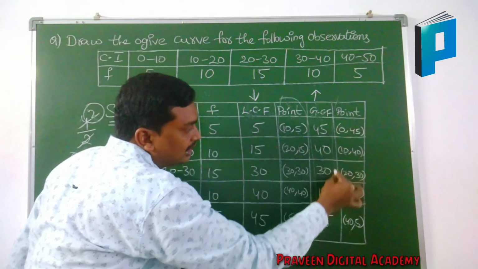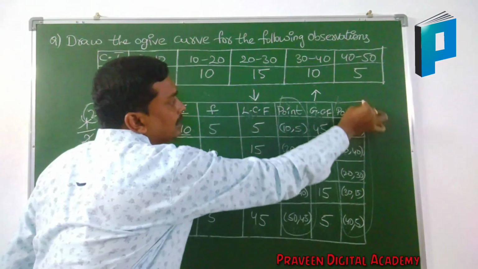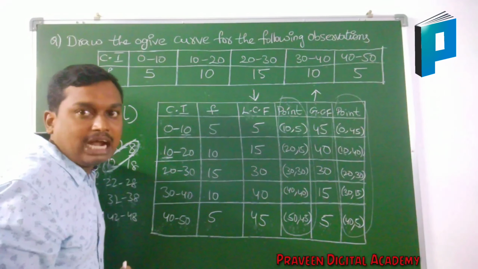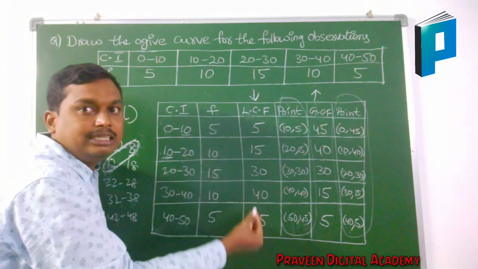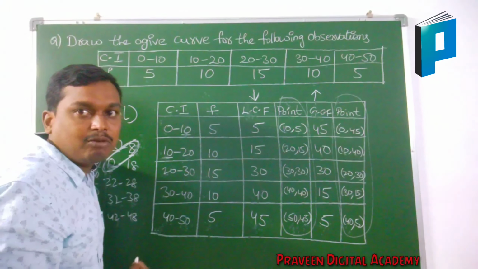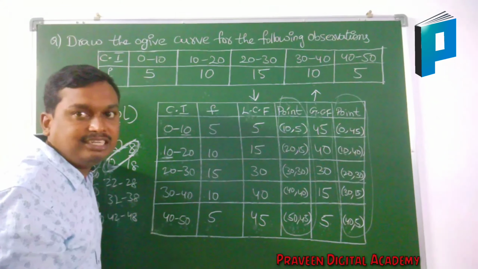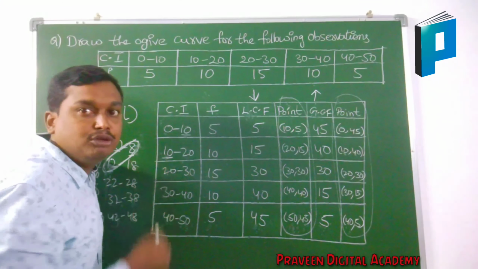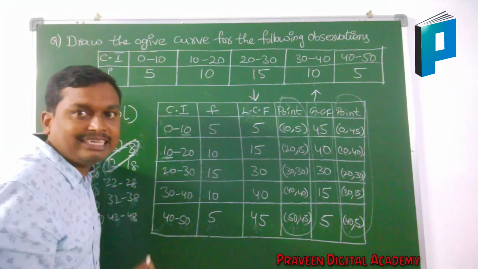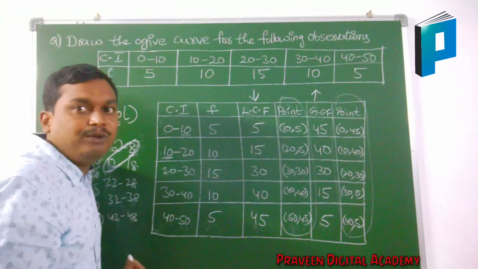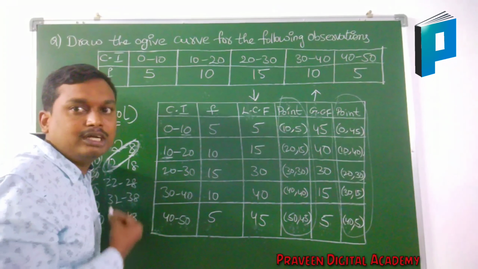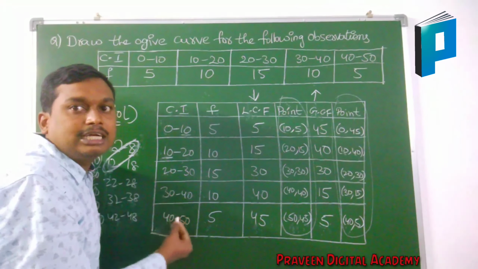If you plot all these points in the graph, we get the GCF curve. Where the LCF and GCF meet, if you draw perpendiculars to the x-axis and y-axis, we get the median of the data from the graph.